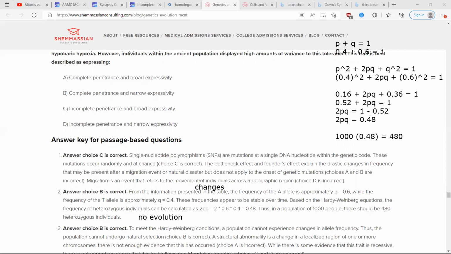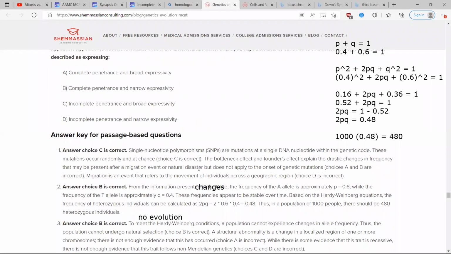So it's not bottleneck because they didn't mention disaster, it's not founder because they didn't mention migration, and it's not migration because they didn't mention migration. Ultimately, that's why C is a more broad answer, but it's the least wrong answer.